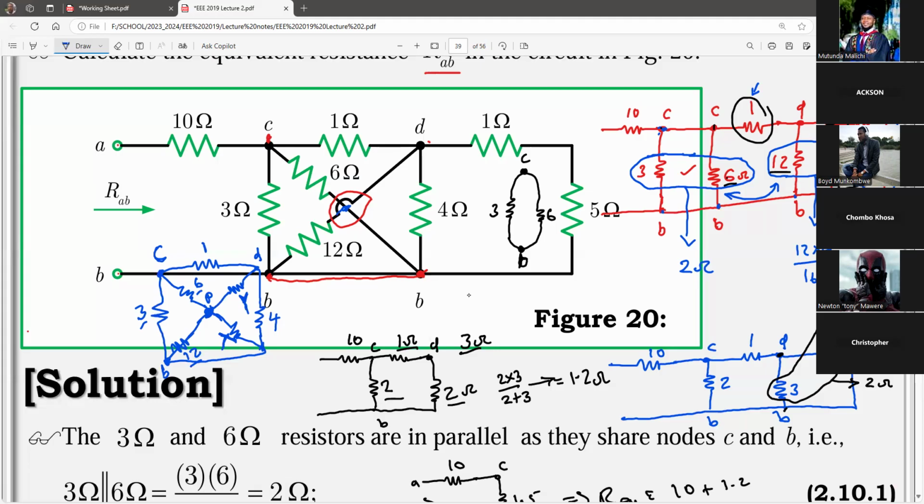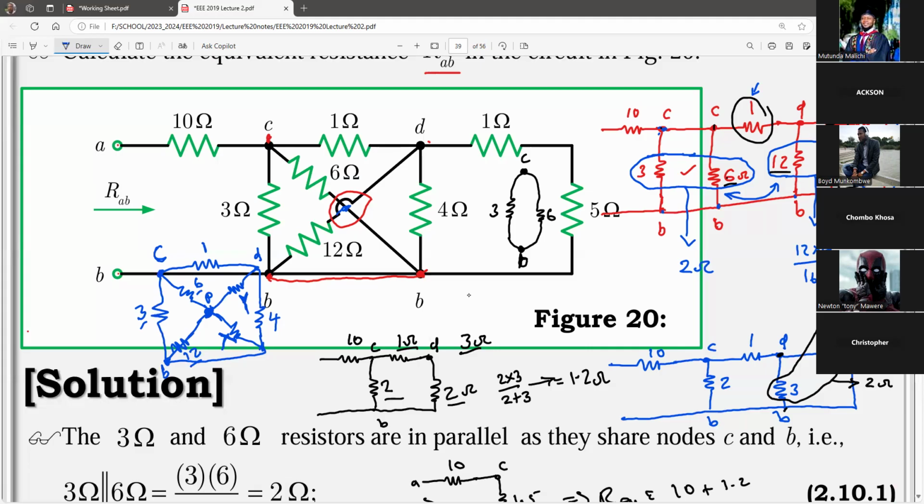So in an event that that point is connected, the resistors 3 and 6, remember when it was not connected, that was in parallel. But if there was no connection at point P, then we would have just said 3 is in parallel to 6 plus T, right? Because there is no connection at point P.